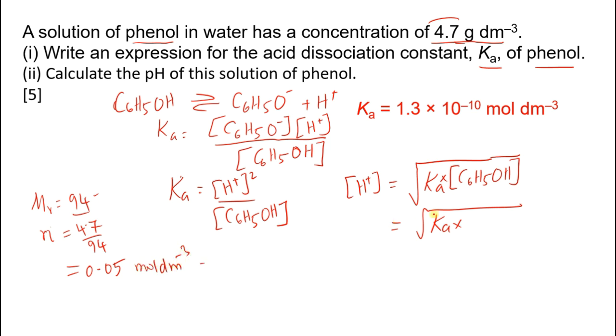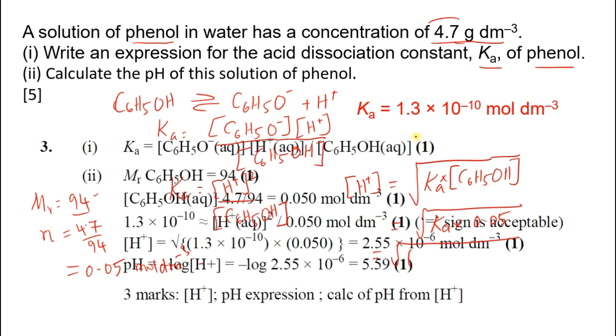So we've got that concentration, we just have to put it here. So 0.05. Now we have to put the Ka value as well. Oh, we need to find the Ka, right? It's there. Okay.